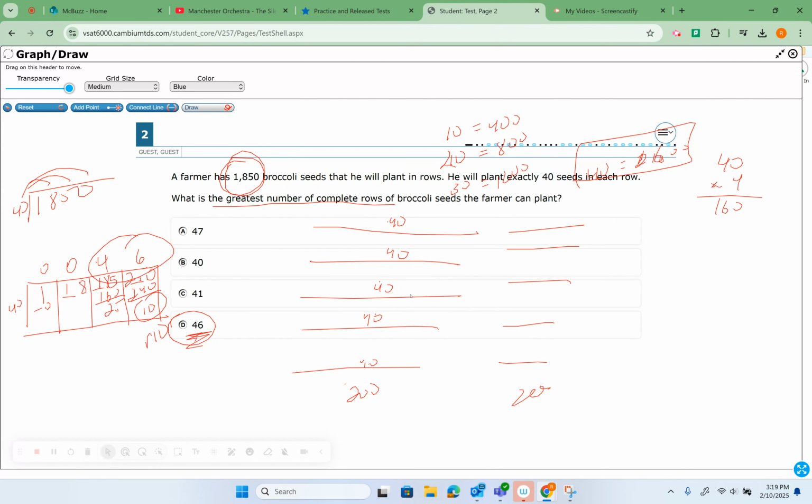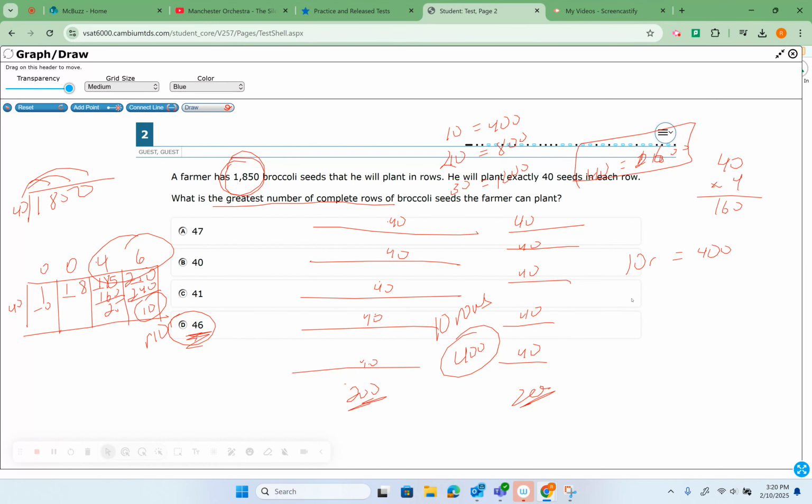What I did here is I literally drew out the situation, right? So I know at 10 rows I'm getting 400, right? And then just go by tens, right? Every 10 rows is 400 seeds, I think.